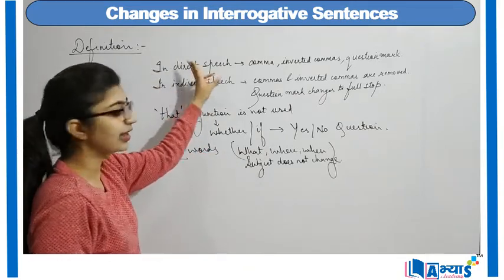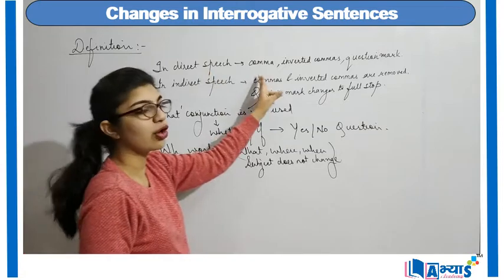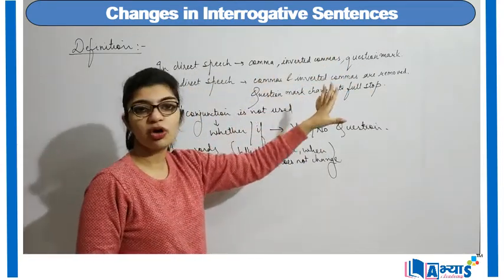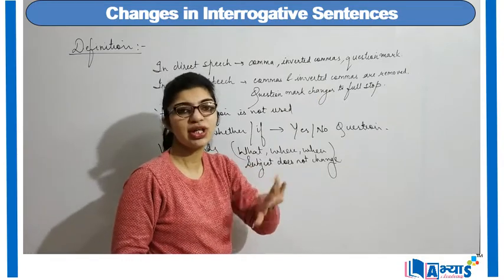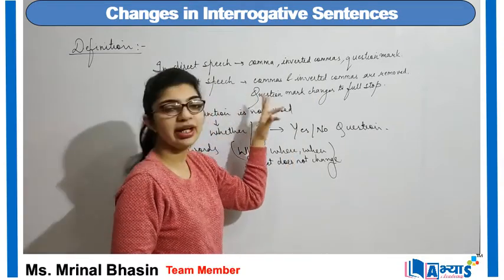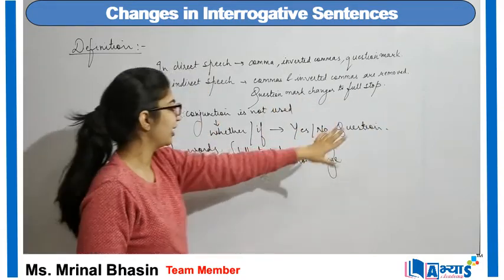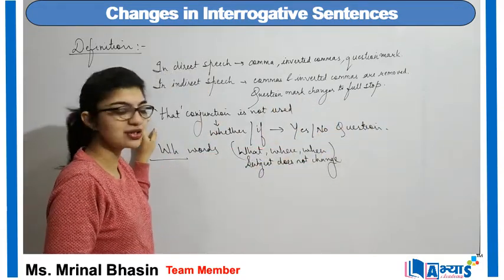First is that in direct speech we have commas, inverted commas and a question mark. Commas and inverted commas in every indirect speech are removed, and in an interrogative sentence the question mark changes to a full stop. Next is that the conjunction that is not used.